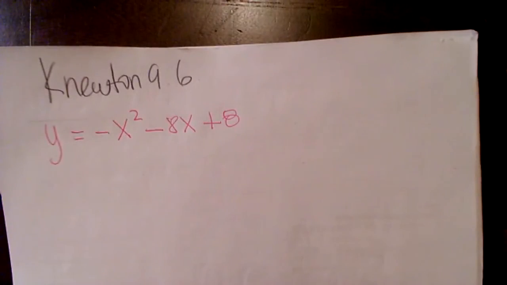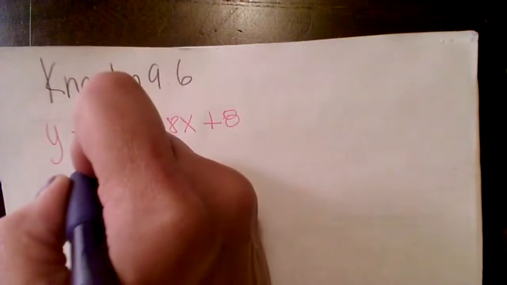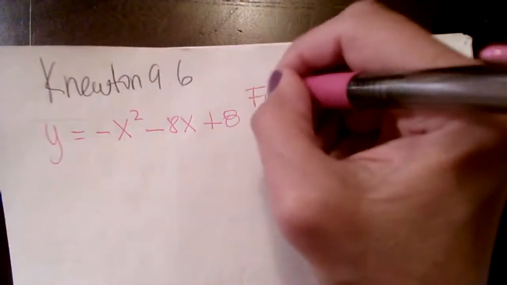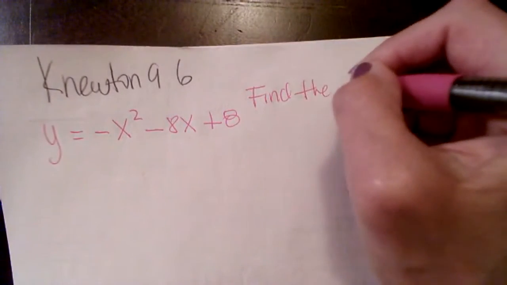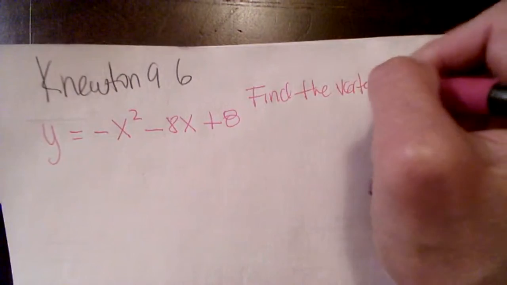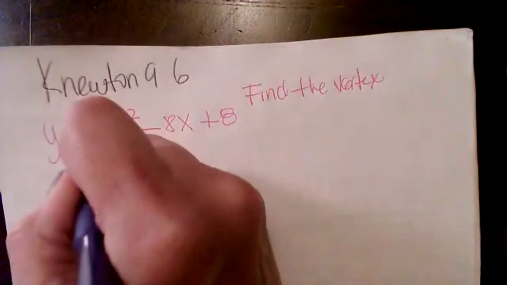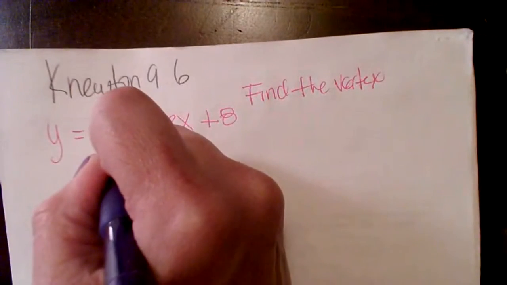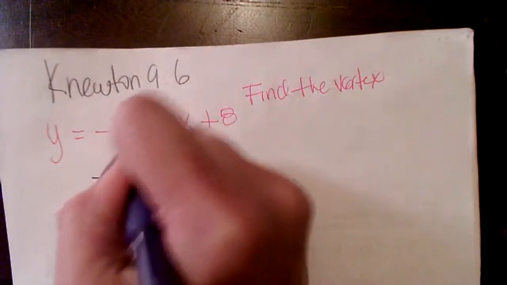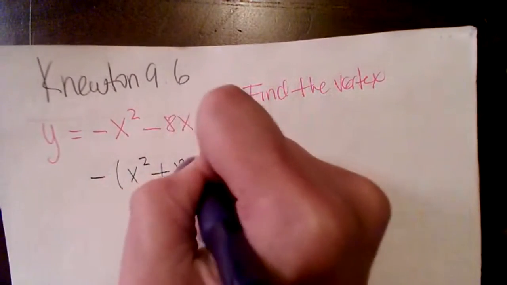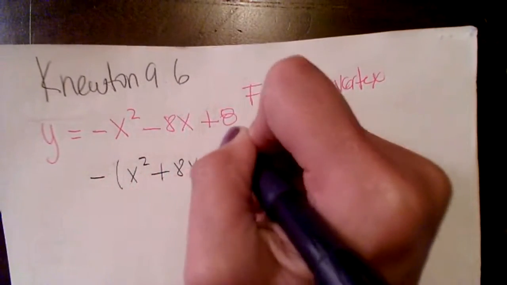So first, I'm going to find the vertex too. Okay, so I'm going to factor out the negative. So x, this is going to be positive, and this is going to be negative.